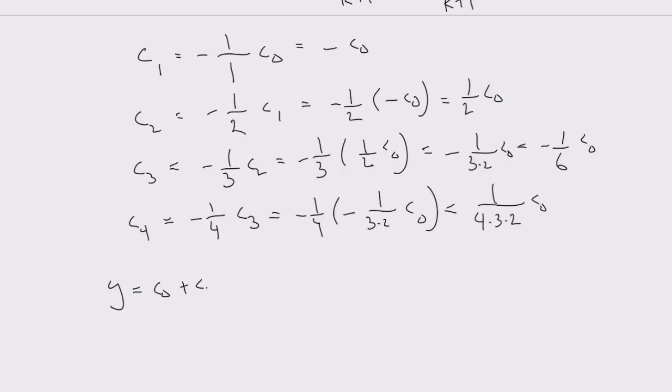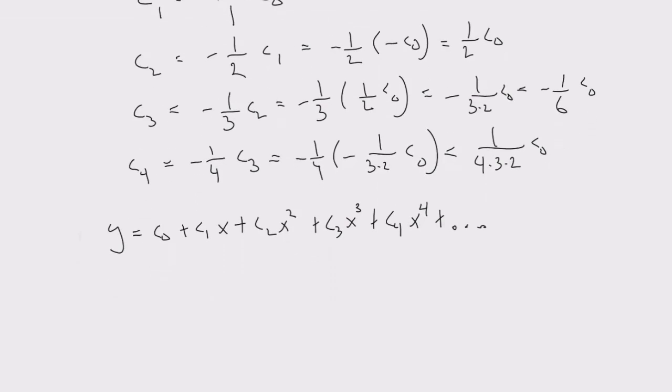c0 plus c sub 1 x plus c sub 2 x squared plus c sub 3 x cubed plus the fourth term. However, we also know that we can rewrite these things all in terms of that same initial constant.